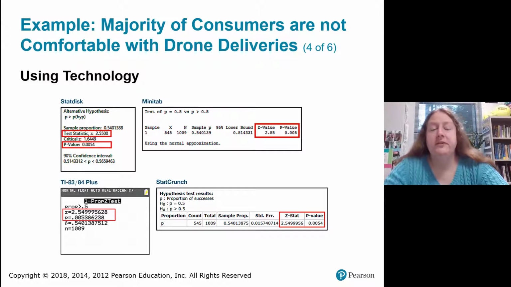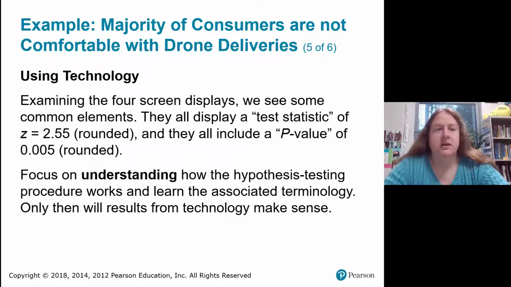Here are 4 different technologies. StatDisk is a program, Minitab is a program, TI-83/84 Plus is calculator output, and StatCrunch is again a program. Here we can see we get these p-values along with a test statistic that's a z-value. Let's break that down a little bit and see what those things are.